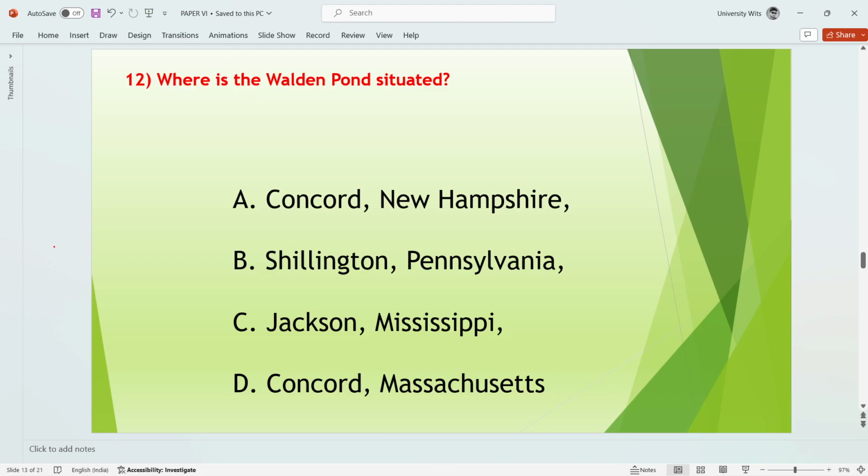It is based on his experience there, and the book explores themes of self-reliance, simple living, and connection with nature. I mean to say, you will find unmaterialistic factors in this work.